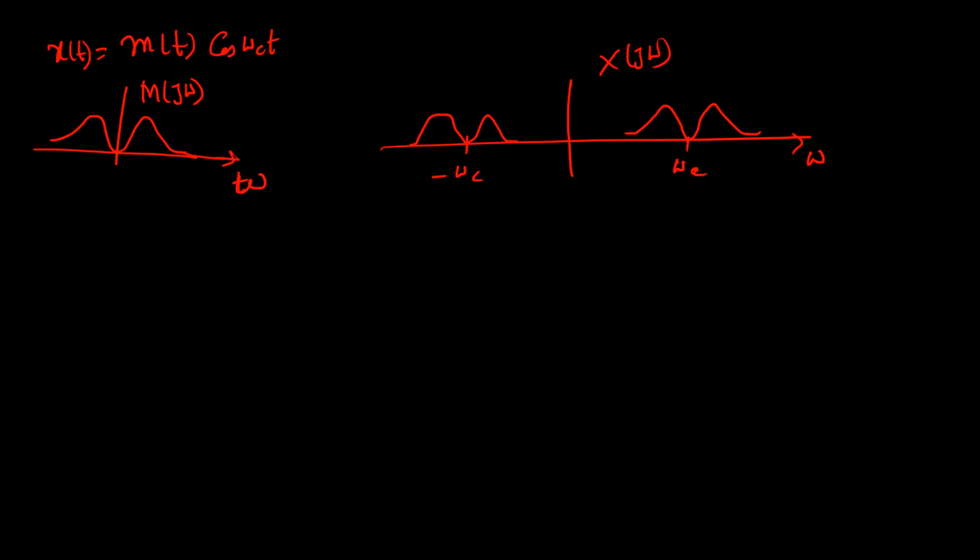Now the Fourier transform of m hat(t) sin ωct, that we want to calculate. So whatever the spectrum of this one, capital M, that I will be considering. So for capital M hat(t), its spectrum, we are considering M hat(jω).